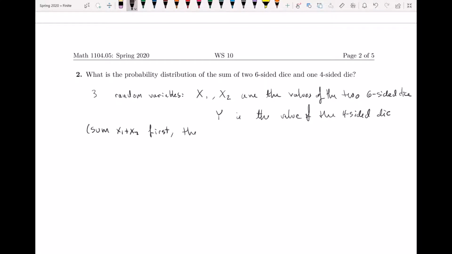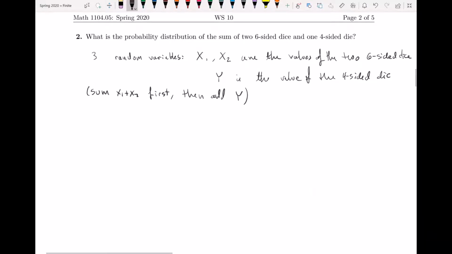The reason I'm doing this is partially because adding 3 things together at once is a little more complicated, and also we already know what the probability distribution of the sum of 2 dice is.